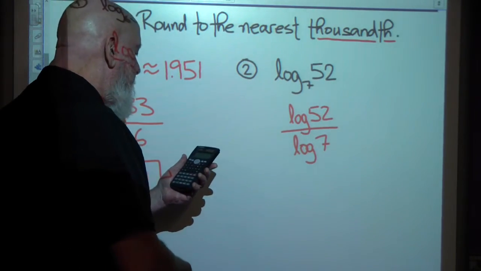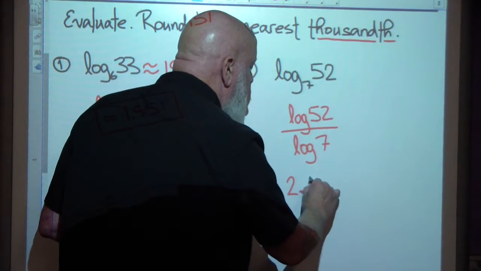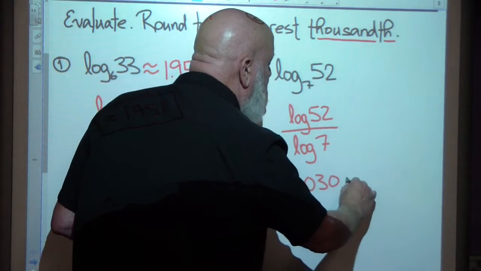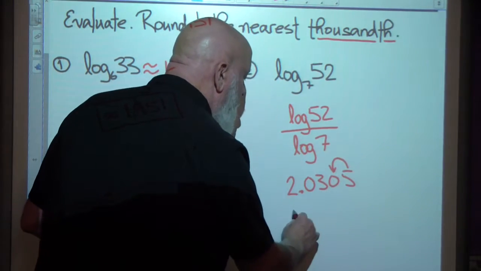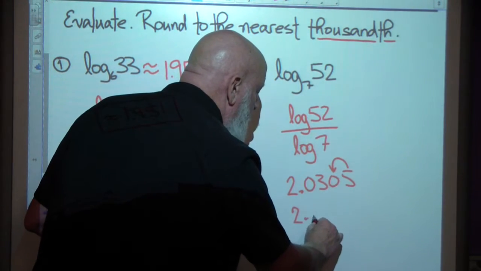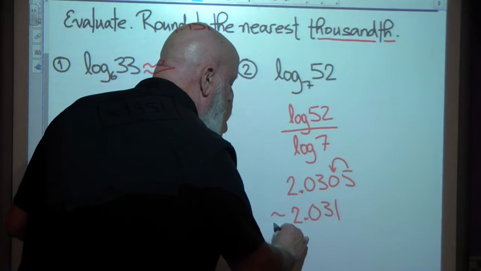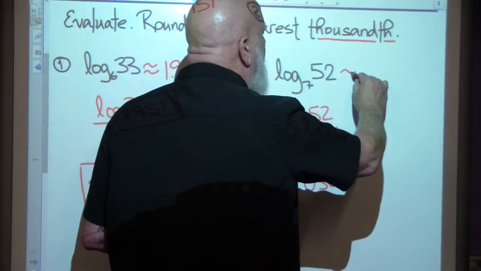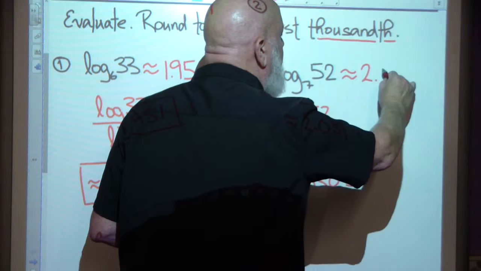Equals 2.0305. I'm rounding it to the nearest thousandth, so this is going to result in this being rounded up. And that, of course, is an approximation. So this is approximately 2.031 if I haven't made a mistake.